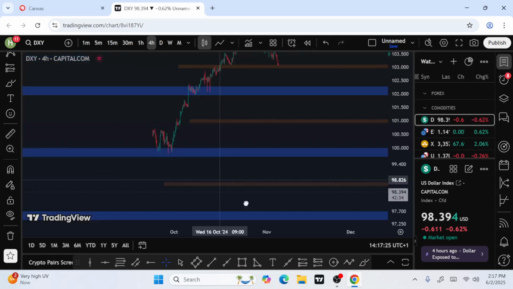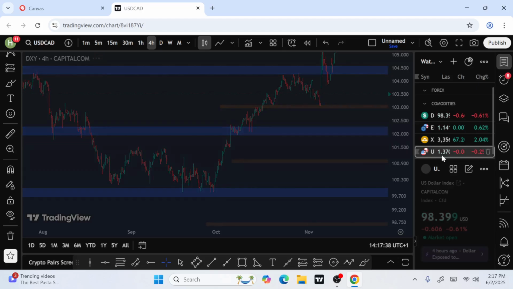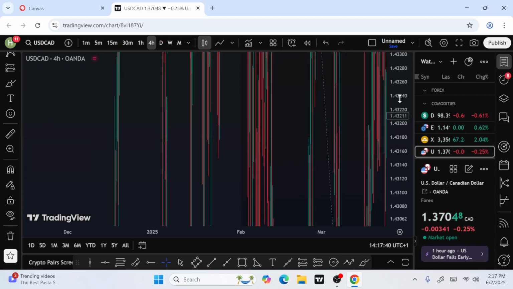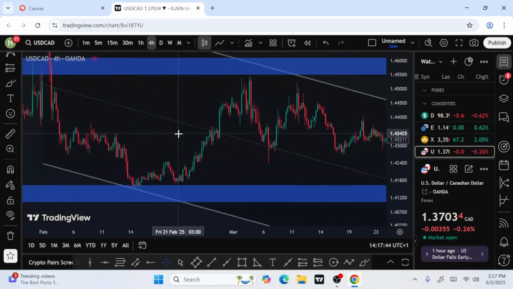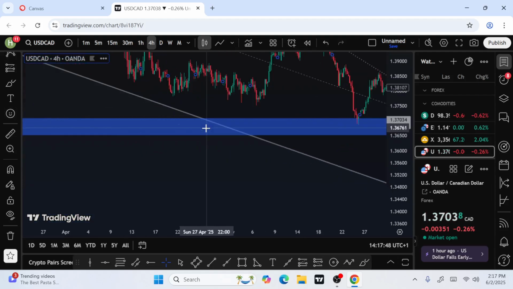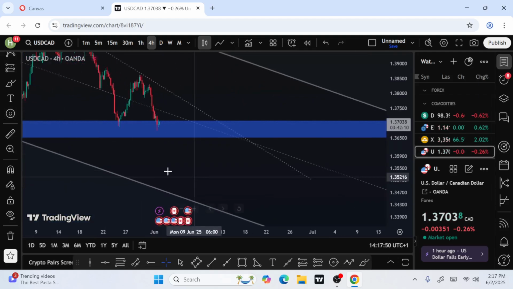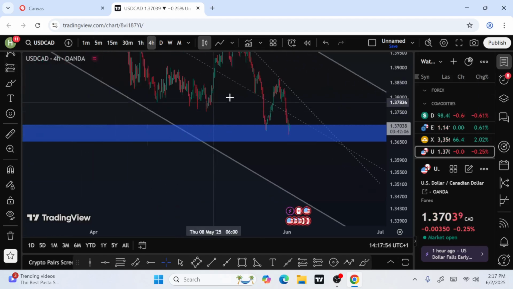Now let's look at an obvious high and obvious low. Let's use another instrument. Let's use USD CAD, four hours.